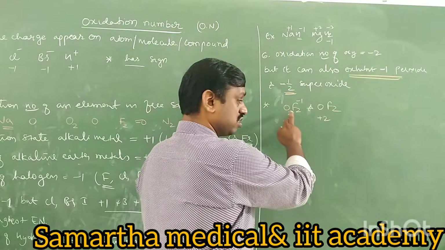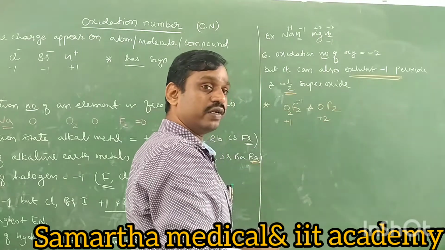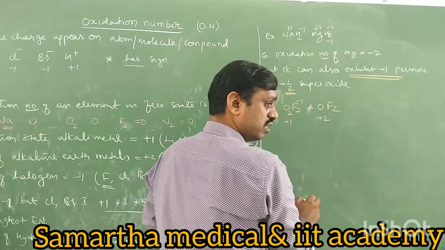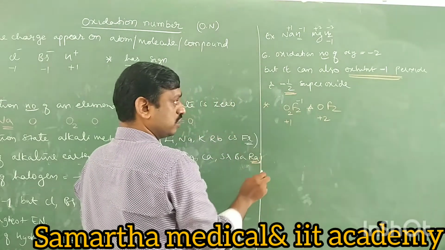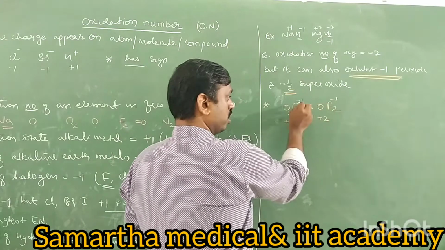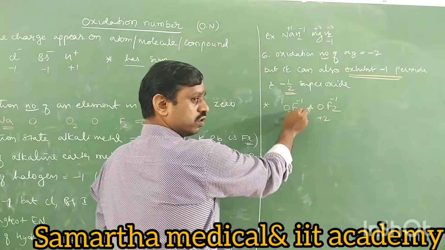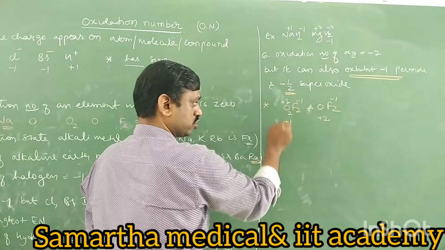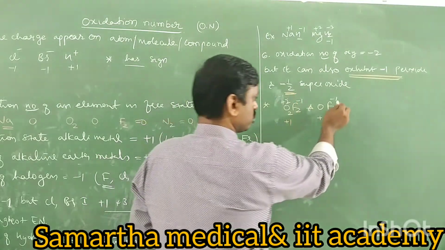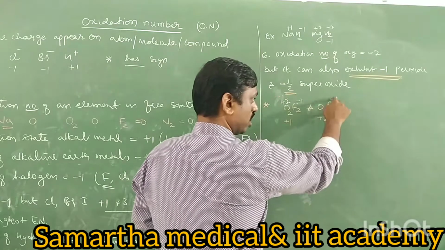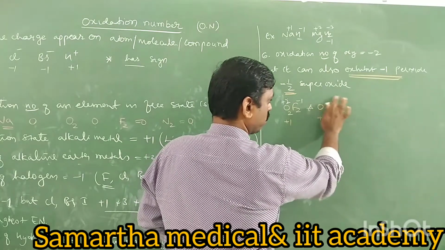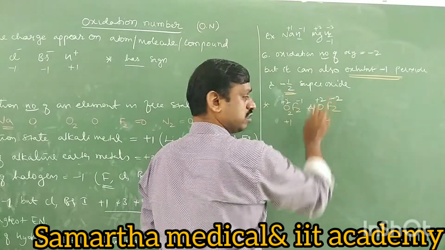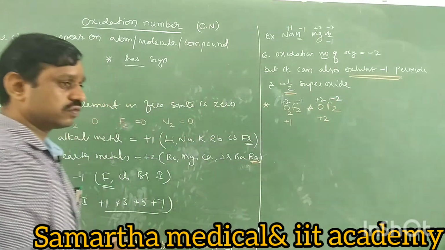Because oxygen is the second highest electronegative element, right? Which is first highest? Fluorine. So therefore, here 2 fluorine minus 2, it should be plus 2. 2 oxygen plus 2, 1 oxygen plus 1. Here also the same, 1 oxygen, 1 fluorine minus 1, 2 fluorine minus 2, then 1 oxygen plus 2. Right?